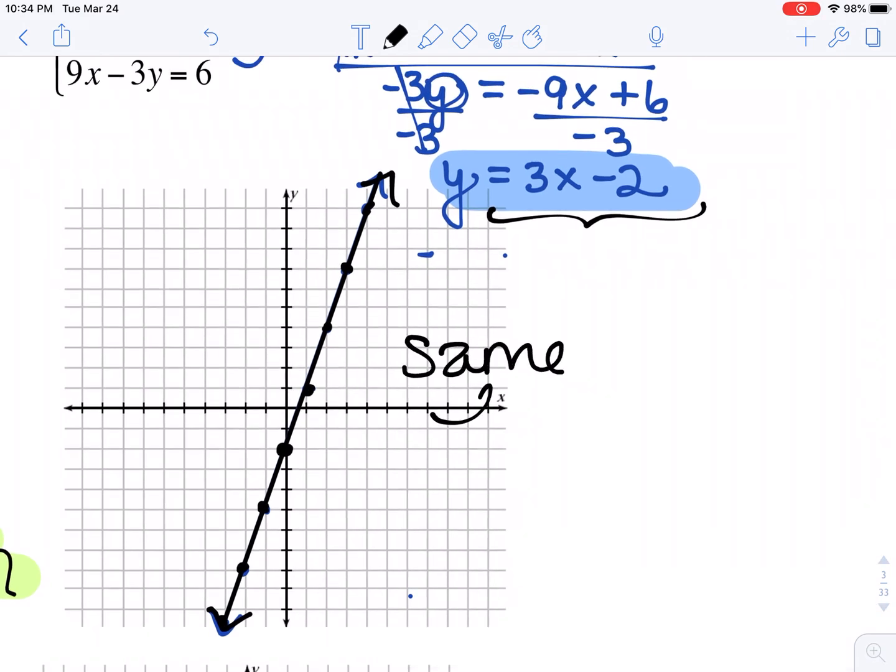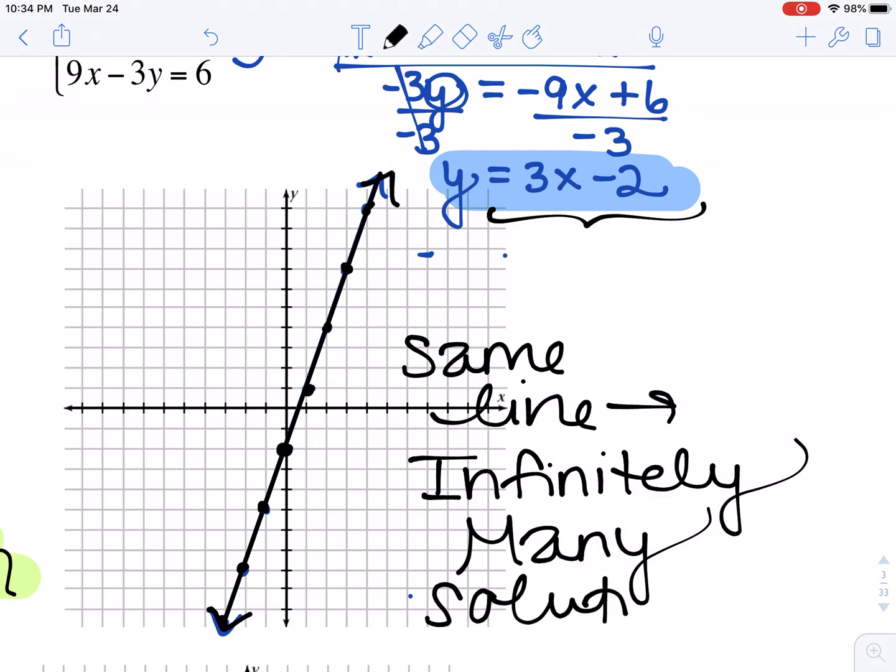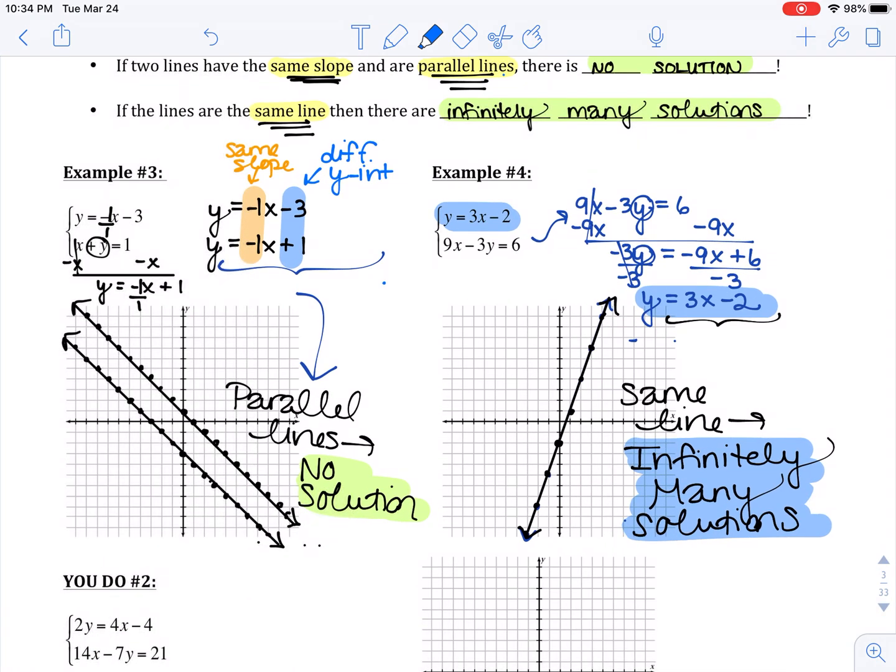So if they are the same line, automatically you know there's infinitely many solutions. If they're the same line, everything is the same. Slope is the same, and the y-intercepts are the same as well.